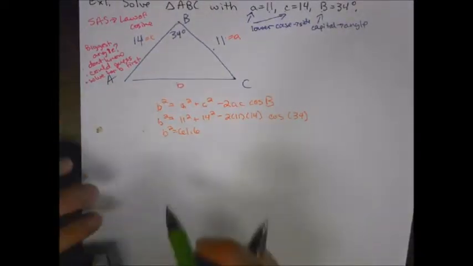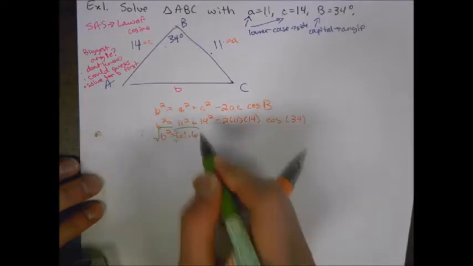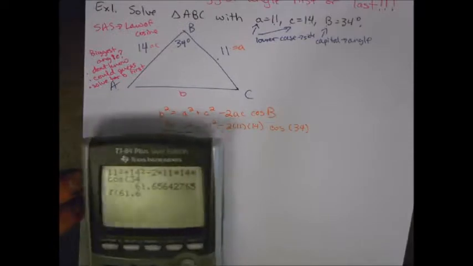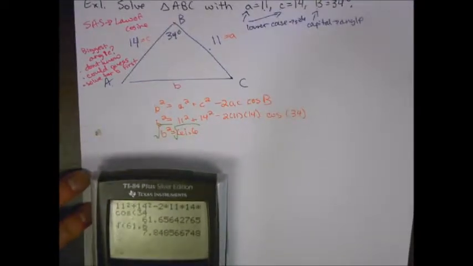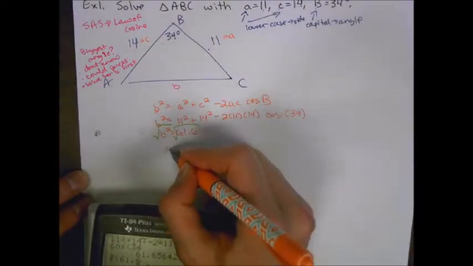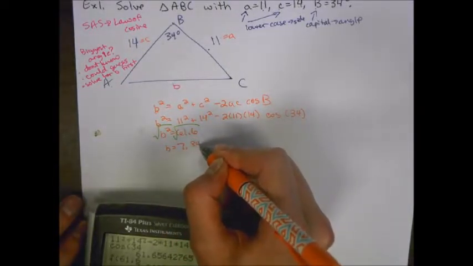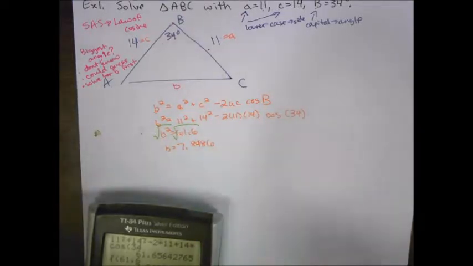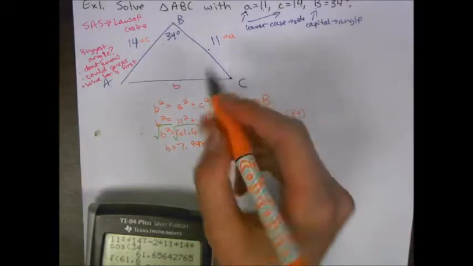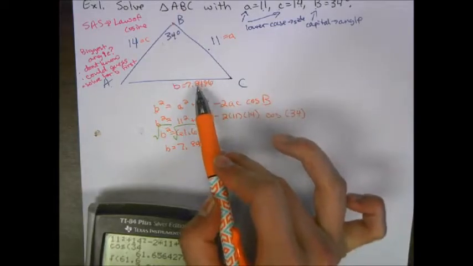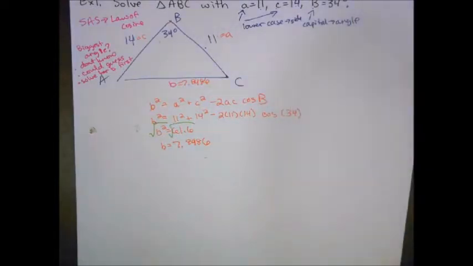Now, in order to undo the squared, we're going to take the square root. And the square root of 61.6 is 7.8486. We're going to use 4 decimals until the end, because we're going to have to use this in our problem. So b equals 7.8486. Always write your information back in your picture. So we found side b.